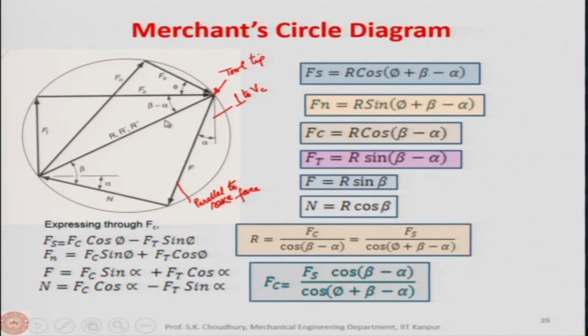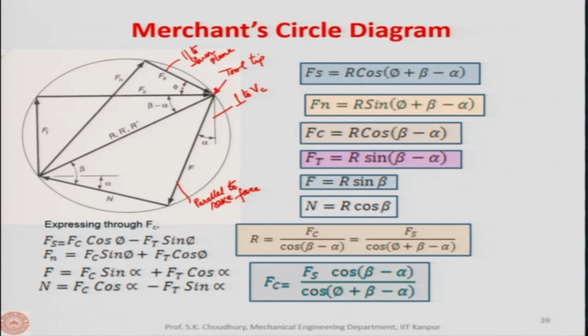Now, the angle between the line which is parallel to the VC, this is parallel to VC because this is perpendicular to VC, and this Fs is parallel to the shear plane because it acts parallel to the shear plane. So, therefore, between the shear plane and the cutting velocity vector, this is the shear plane angle, alpha.